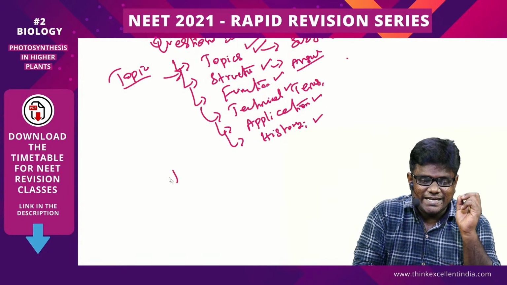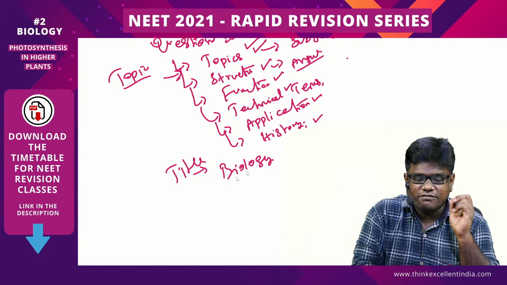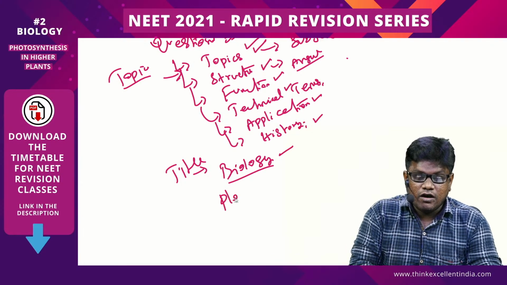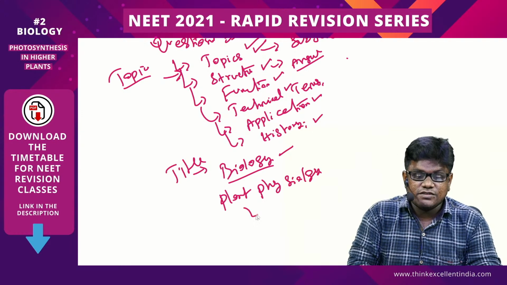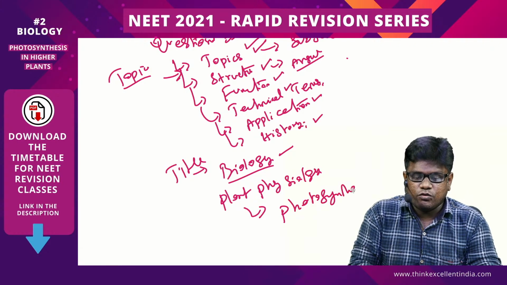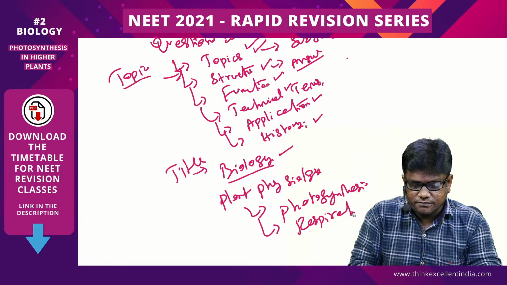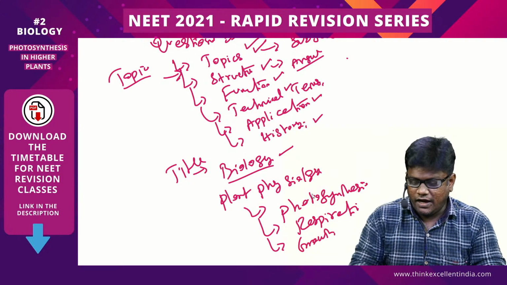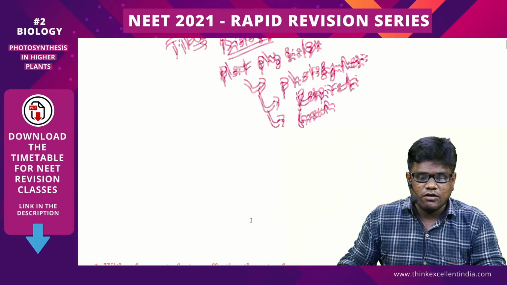The title itself in biology gives you every piece of information. For example, plant physiology. Today we are going to talk about plant physiological functions, which include photosynthesis, respiration, growth, and hormones, which are all the hormones responsible for these that we're going to see.